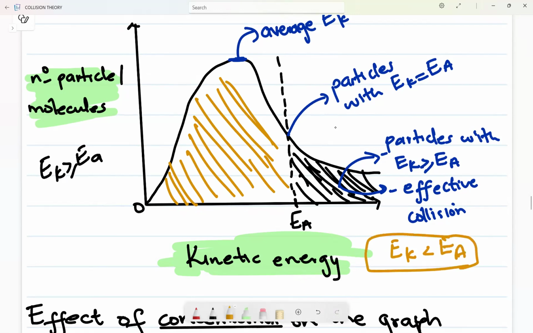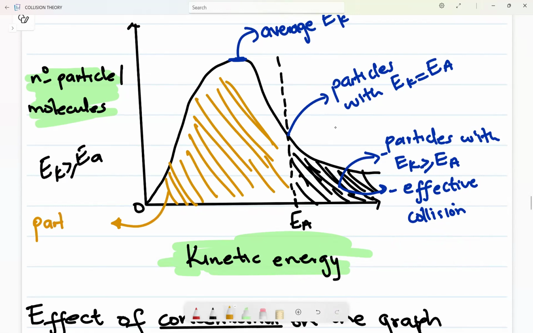This one will never have an effective collision. These are particles with no effective collision, because the kinetic energy there is less than the activation energy.